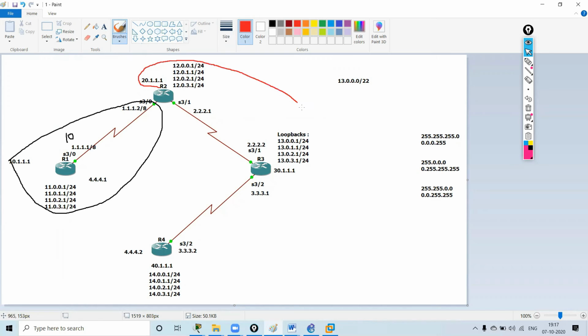Here I'll be running area 0. Here I'll be running area, suppose, 20.